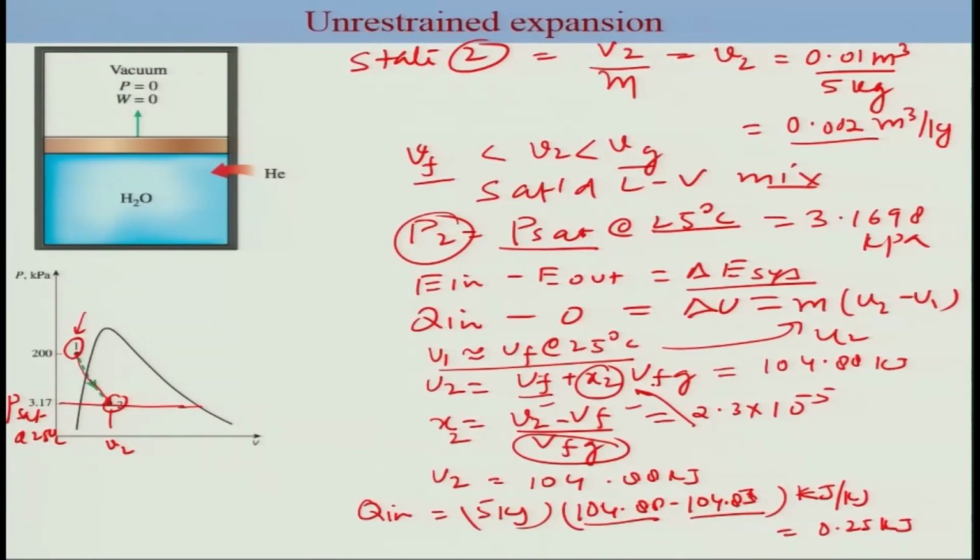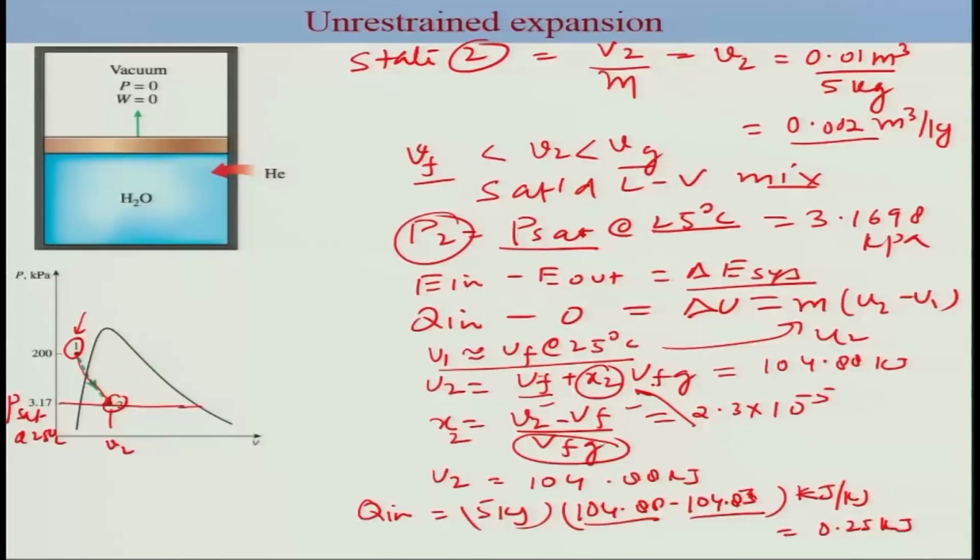So this is the way we solve certain problems using the tables. Note that Q in this case is positive, so that means our assumption is correct. We have to provide energy to the system in the form of heat for this particular unrestrained expansion, such that the temperature at the final state is fixed.